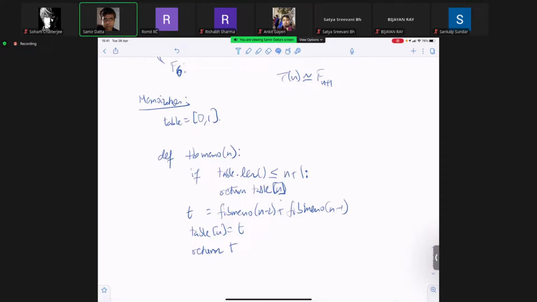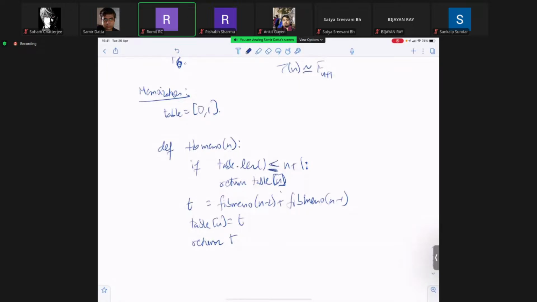The first if clause, this one, basically checks if the table entry has already been computed, if fib memo n has already been computed, which is when the table length is greater than or equal to n plus 1, then return table n. Now is it correct?